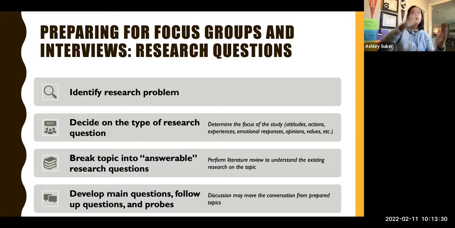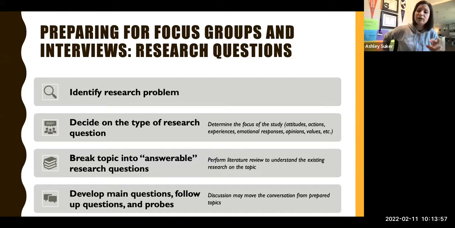So I have that broad question, but then I need to break it down into something that's a little more manageable. So I have a sub-research question that looks at what is the financial cost, another one that looks at what is the societal cost, and a third one that looks at what the comparison is between a LARC insertion 6 weeks postpartum and LARC insertion 12 hours postpartum.